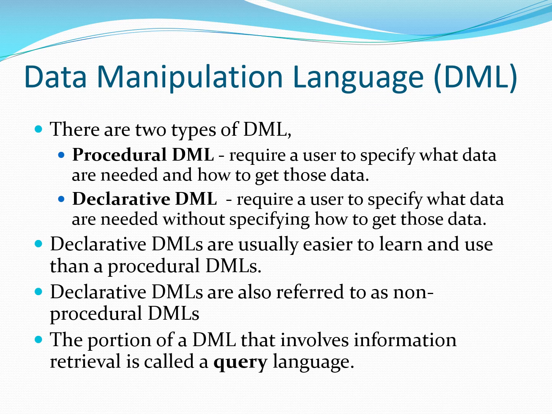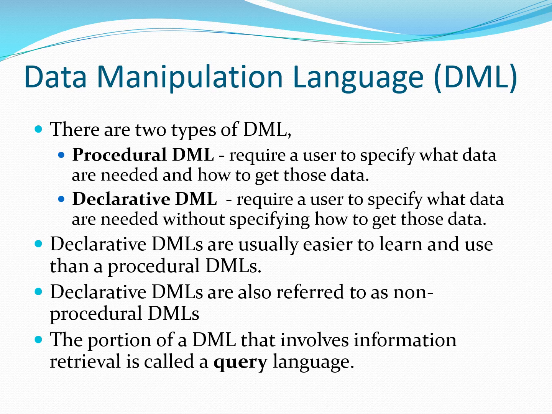In data manipulation language, there are two types. They are called procedural DML and declarative DML. In procedural DML, it requires a user to specify what data are needed and how to get those data. In declarative DML, it requires a user to specify what data are needed without specifying how to get those data. So declarative DMLs are easier because any type of data you can collect from anywhere.